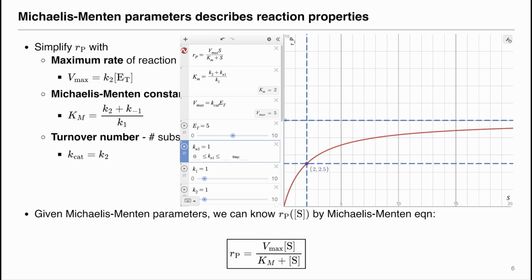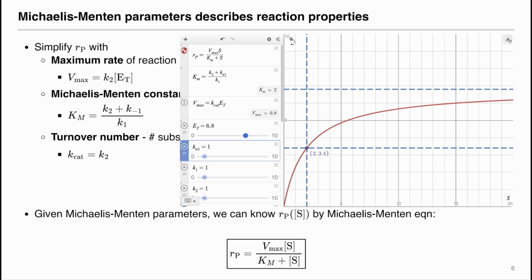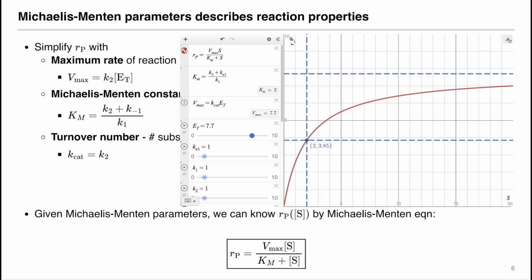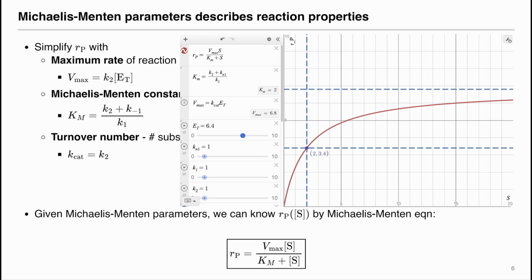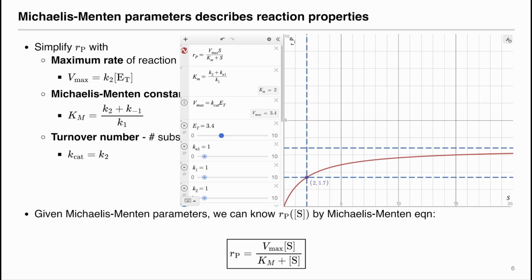And note what happens if I increase the total amount of concentration. The rate of production's maximum increases as well, because V of max also increases. If it decreases, the rate of production's maximum also decreases.